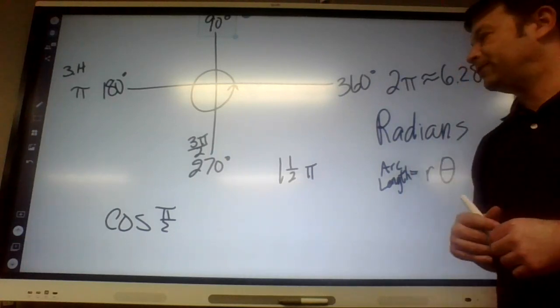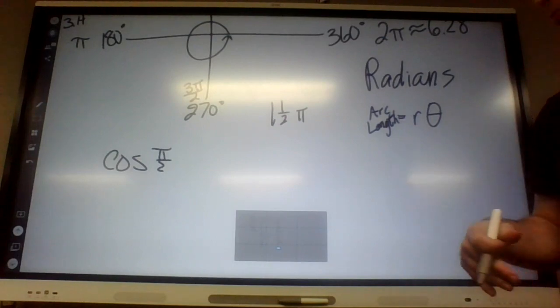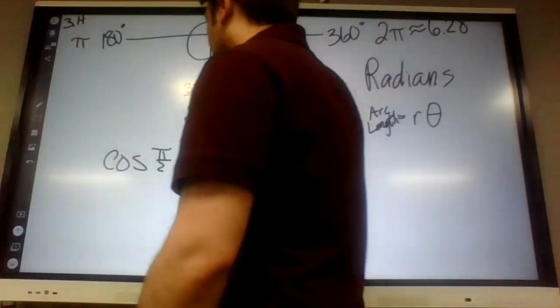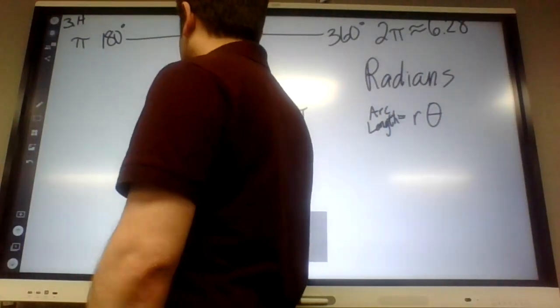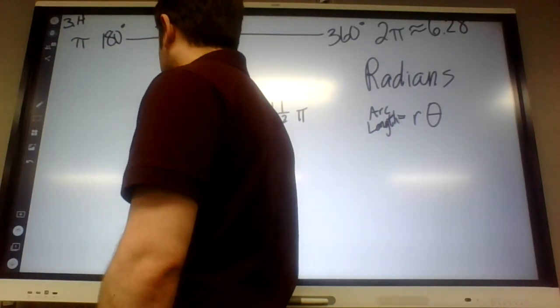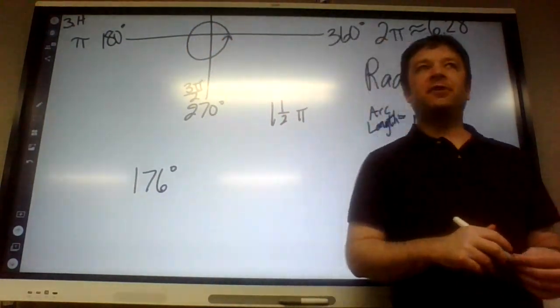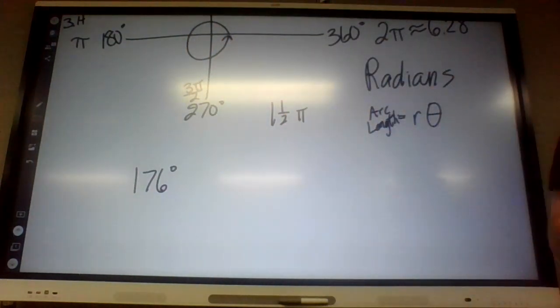But what if we just want to know how to convert everything, not just those special angles? How can we do it? So let's say I have some random weird angle like, I don't know, 176. How do I convert that into radians?